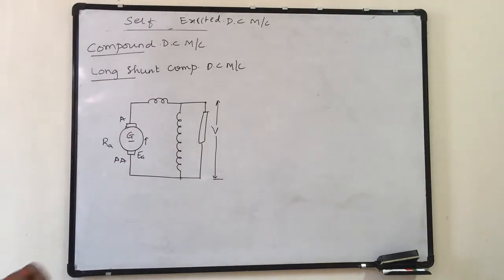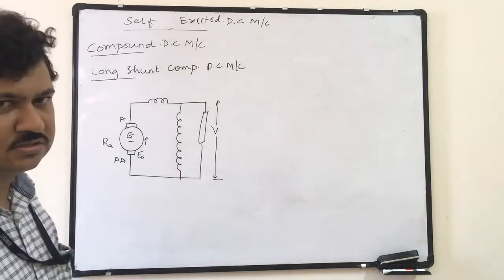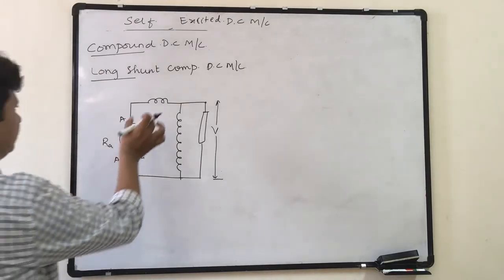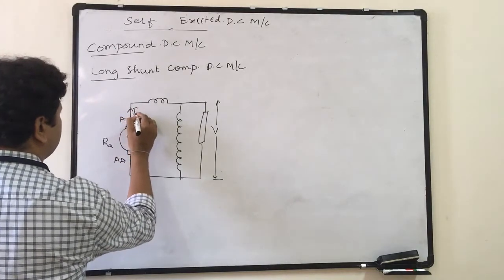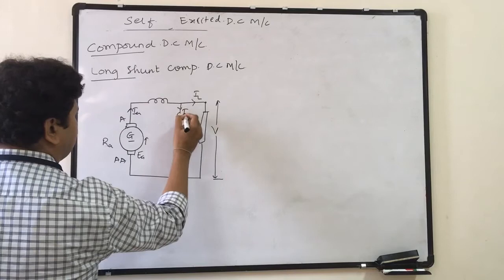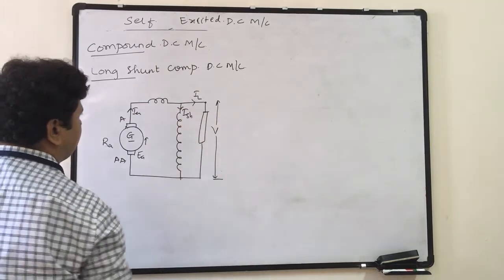Right now I will not mark the field connections, because depending upon the field connections, it will be decided whether it is cumulative or differential. This is the series field winding. Let this be IA, this is IL, and this is ISH, the shunt field current.